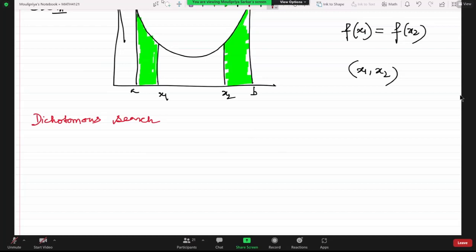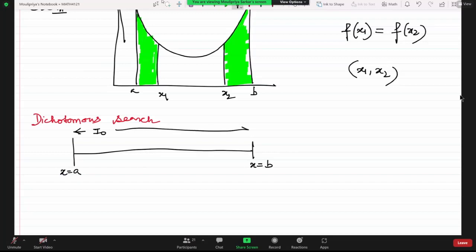We would be having the interval in every search. See, it's pretty simple. Suppose this is my x equal to A and this is my x equal to B. And the interval is I0.